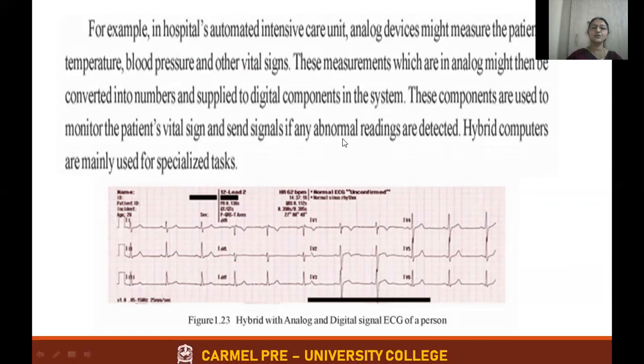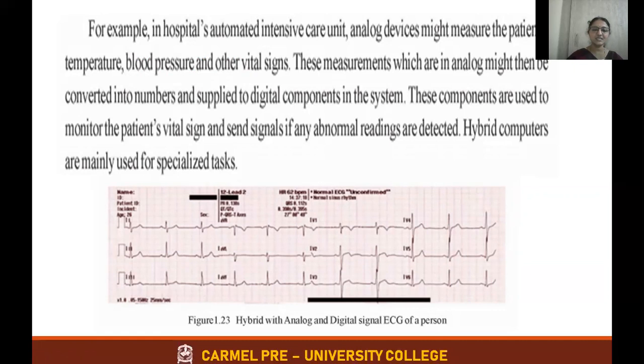These components are used to monitor the patient's vital signs and send signals if any abnormal readings are detected. So hybrid computers are mainly used for specialized tasks. Generally, we don't use them at home.